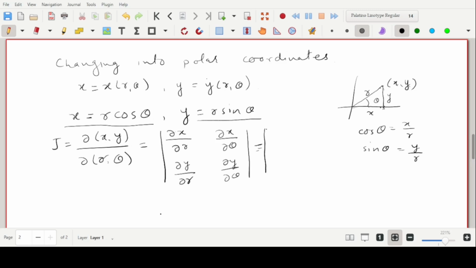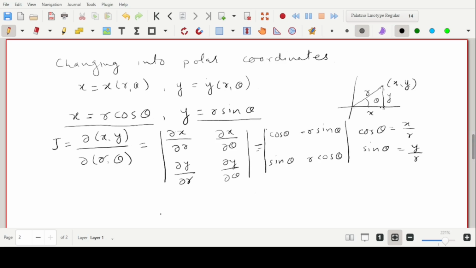Del x over del r is cos theta, del y over del r is sin theta, del x over del theta is negative r sin theta, and del y over del theta is r cos theta.